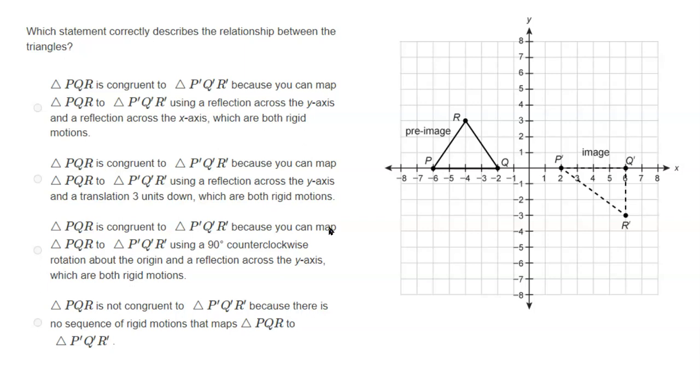Or they are congruent because you can map them using a 90-degree counterclockwise rotation, that means it turns to the left, using the origin and a reflection across the y-axis, which are both rigid motions. Or these are not congruent because there is no sequence of rigid motion.